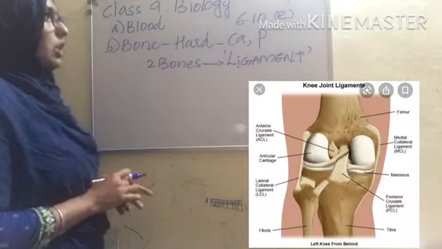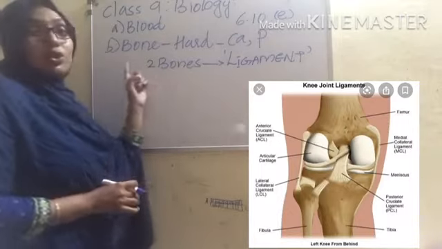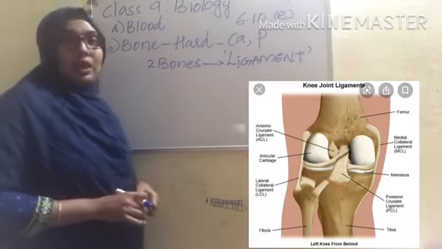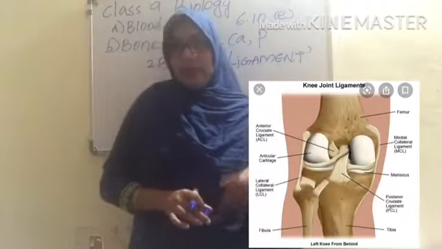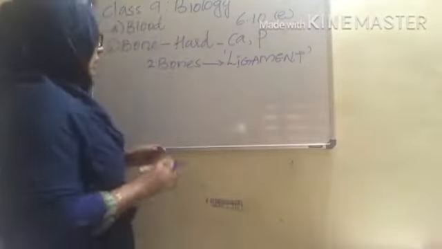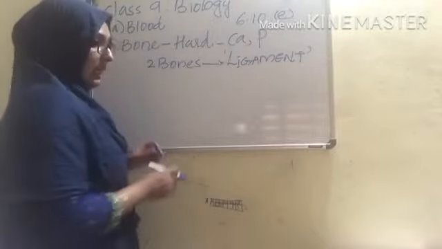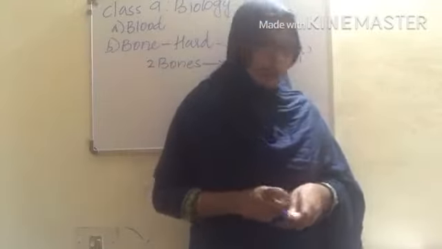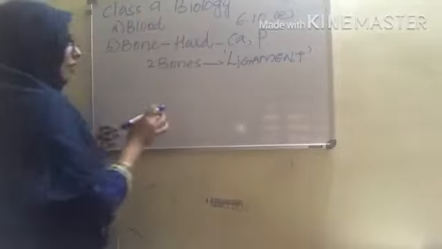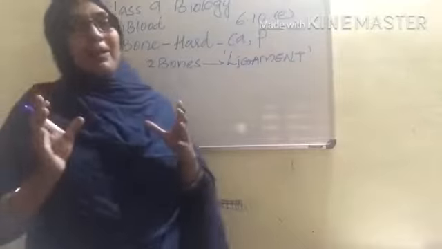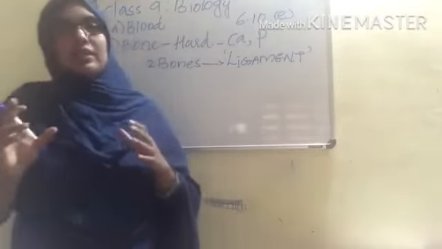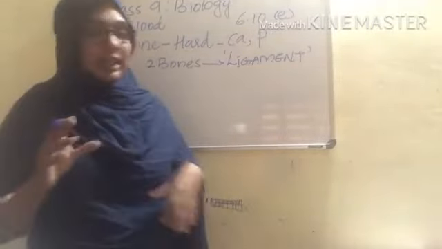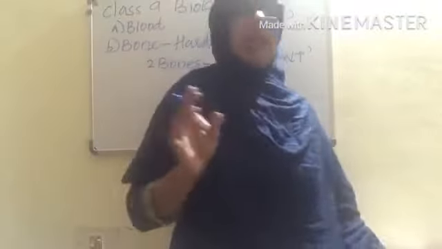Ligament is a connective tissue which connects two bones. Okay, clear? Ligaments are elastic in nature and they also have considerable strength. Ligaments have very little matrix. Is that clear? That is all about ligaments.